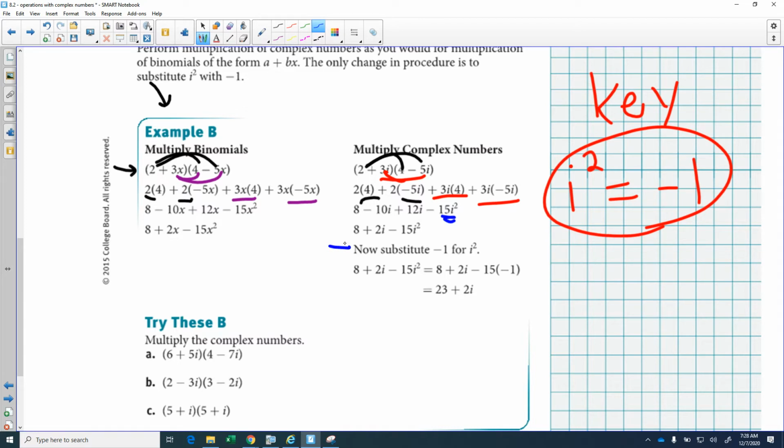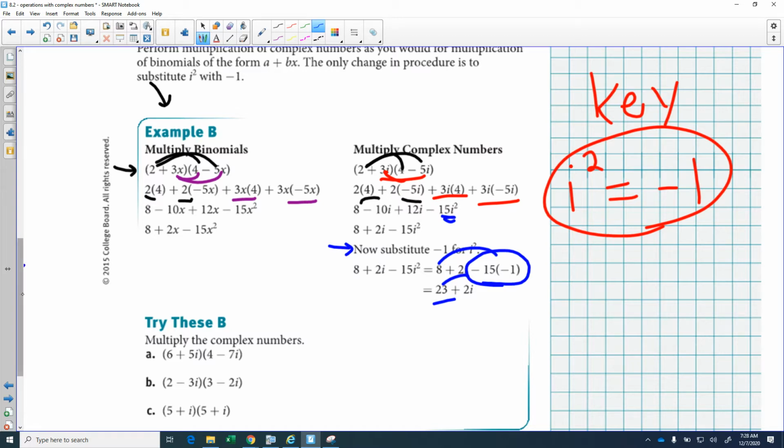Notice how they say to substitute -1 in for i squared. Because of that, this becomes -15 times -1, or positive 15. So if you're wondering how they got 23, it's because 15 plus 8 gave me 23. Anytime you have an i squared, it flips the sign of the number you're dealing with.